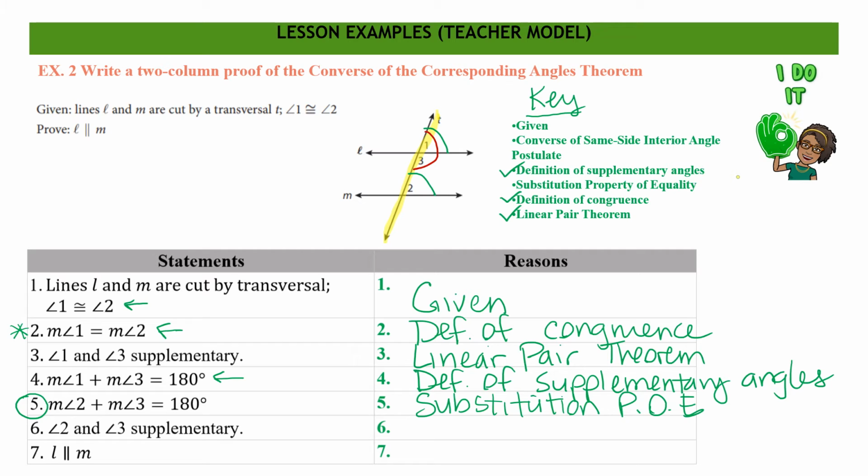So once again, if I have the measure of angles 2 and 3 when added together equals 180 degrees, in statement 6 I can say that these two angles are in fact supplementary. And if they are supplementary, which was stated in statement 5, the reason is the definition of supplementary angles.